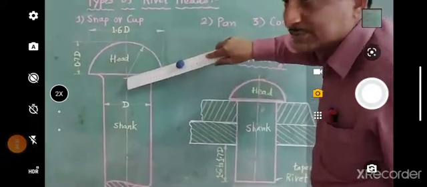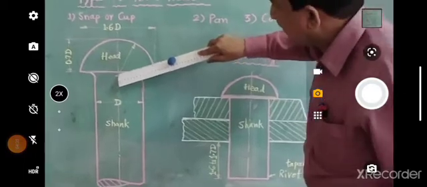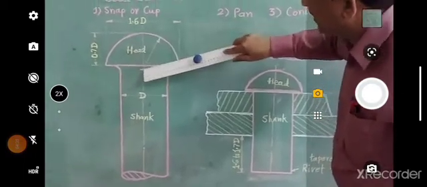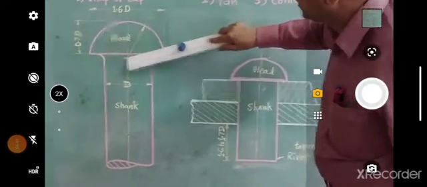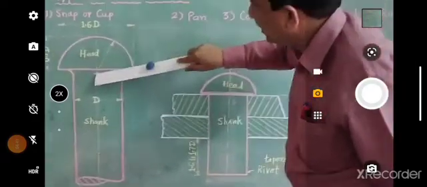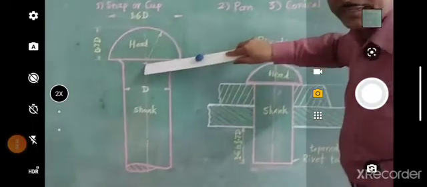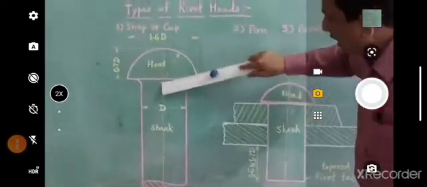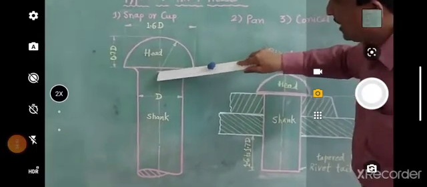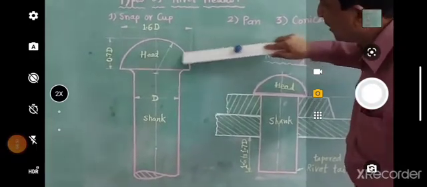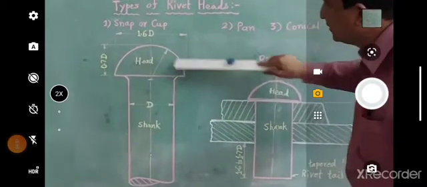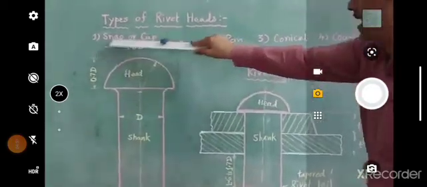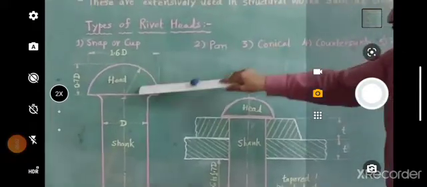You mark this point by taking this distance as 0.8D. Keeping the center of the compass at this point, you can draw this rivet head circle arc. So you can draw the snap or cup type of rivet.